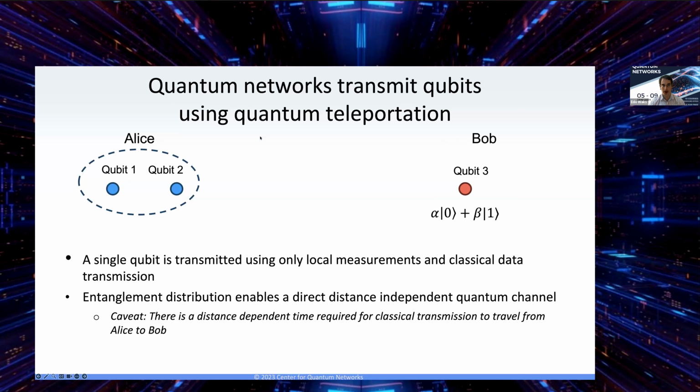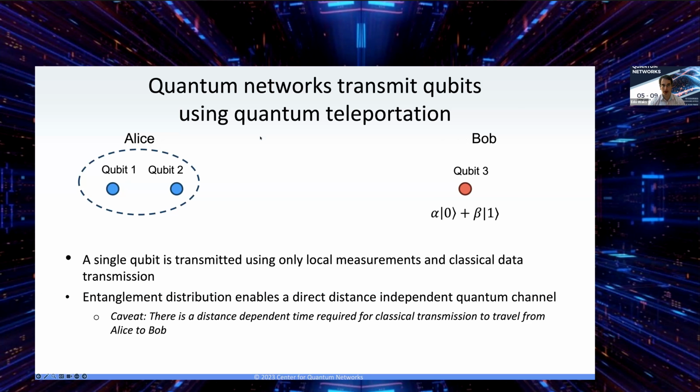But what it allows you to do is transmit a qubit using only classical signals and shared entanglement, rather than directly transmitting the signal over the network. And as I'll show, that capability is essential for establishing many of the benefits that a quantum network can deliver.